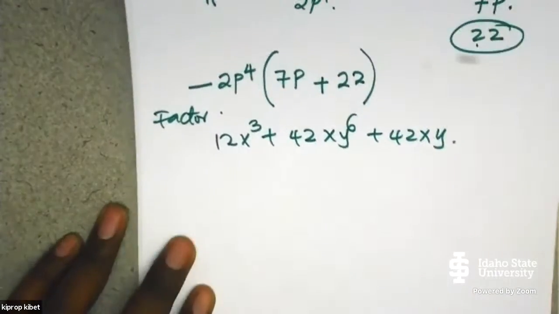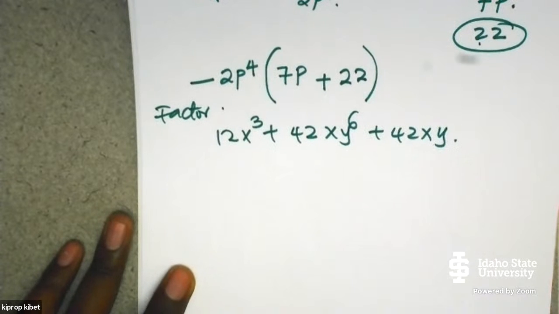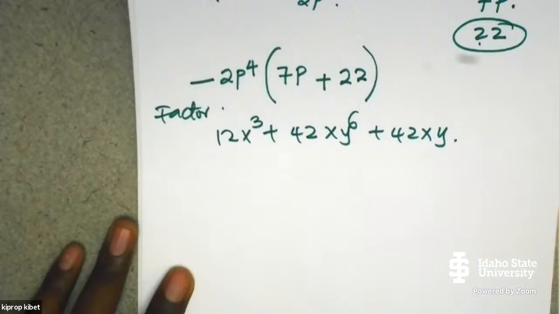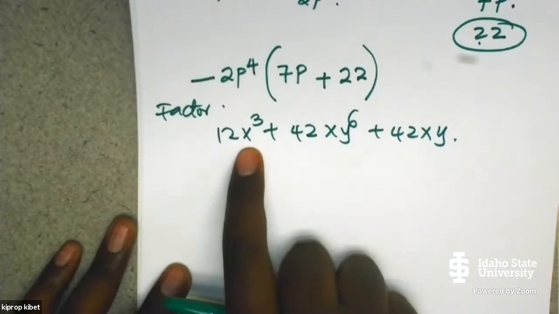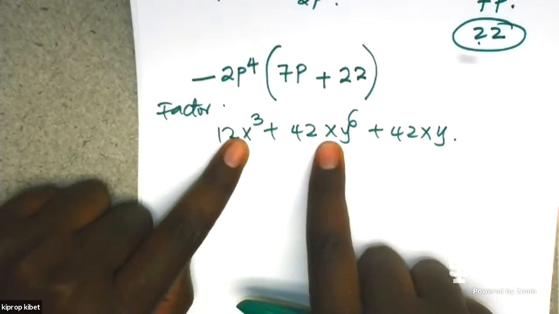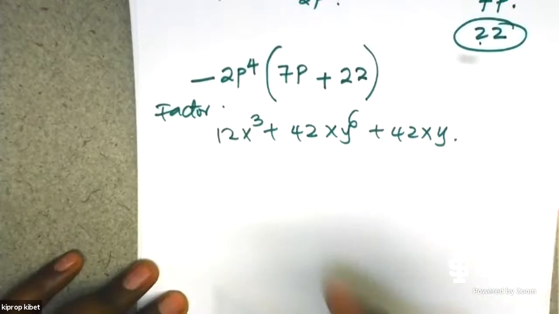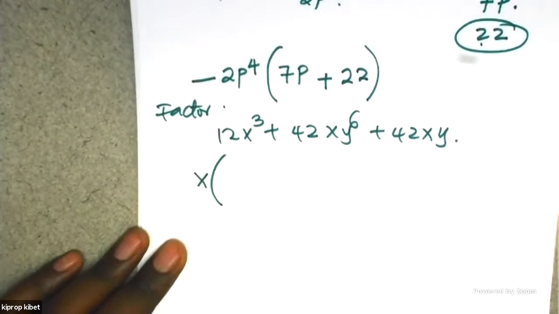Without even using the long way of getting it, what is the greatest common factor in terms of x and y which you can bring out? For the first one, x raised to 3, and here we have x raised to 1. So the greatest common factor there is x. So you bring out x.